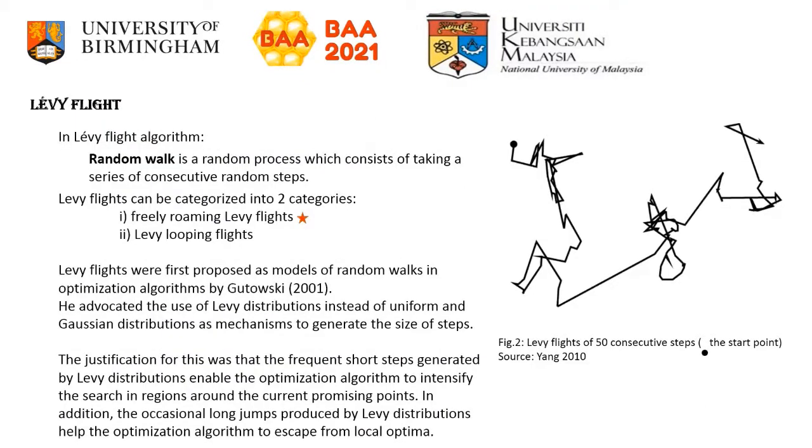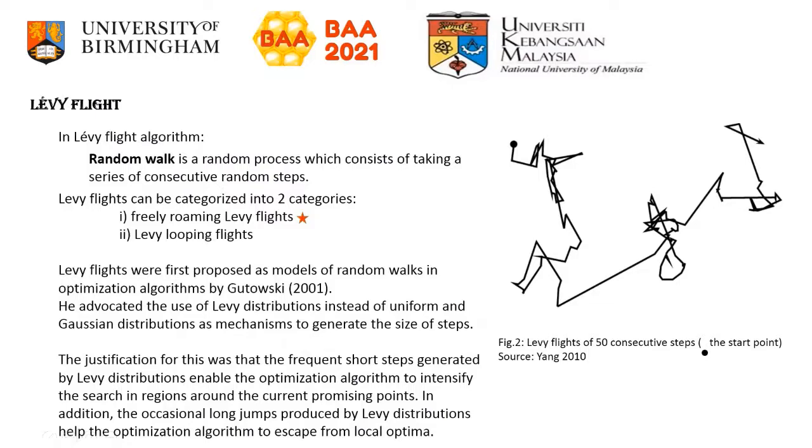Figure 2 shows a Levy flight of 50 consecutive steps. This is the start point, and I am taking this from Yang 2010. So what is the Levy flight algorithm? It is a random walk, a random process. It consists of taking a series of consecutive random steps.